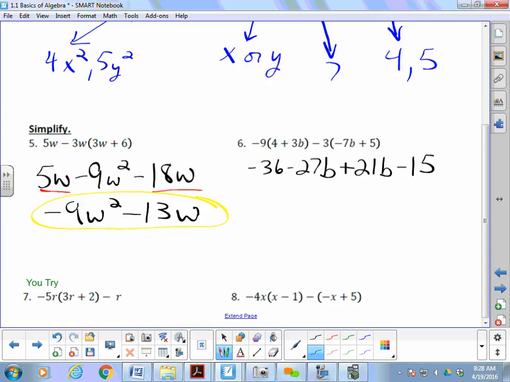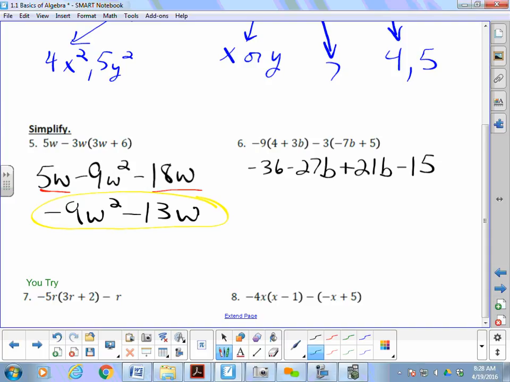All right, so here we have things with b's and things that are just constants. So when I write my answer, I want the b's to go first because b has a power of 1. The constants have a power of what? 0. Okay?